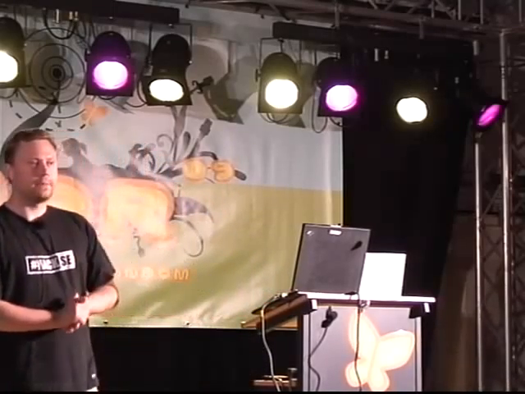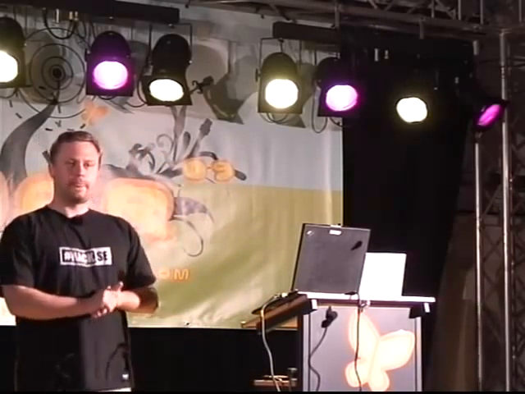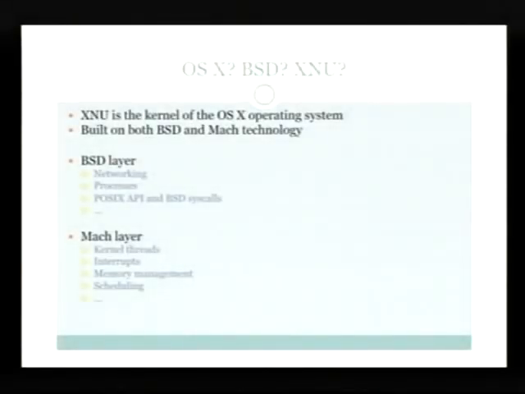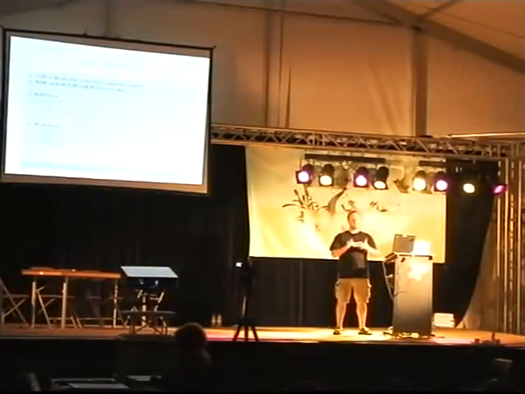So, what about the Mac OS X kernel? Mac OS X is a Unix-based operating system. It is built up by different modules. At the lowest layer, there's the Mach kernel. And on top of that, we have the BSD sublayer.